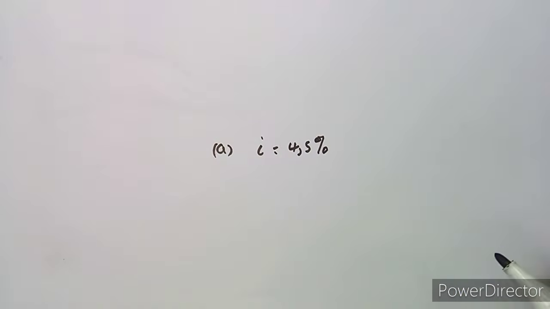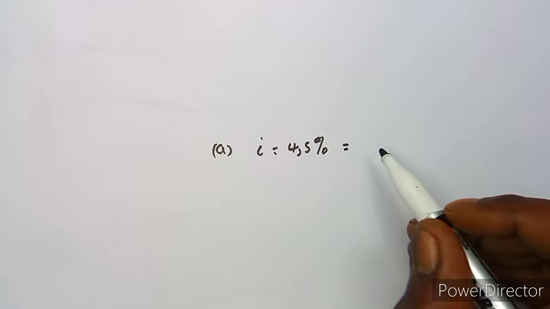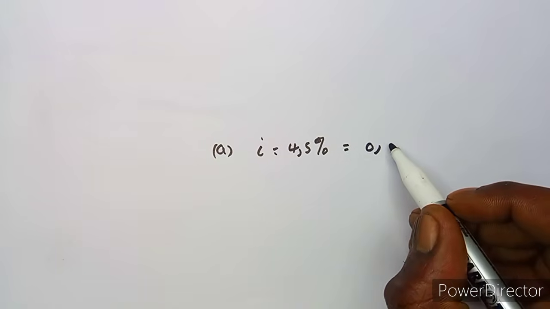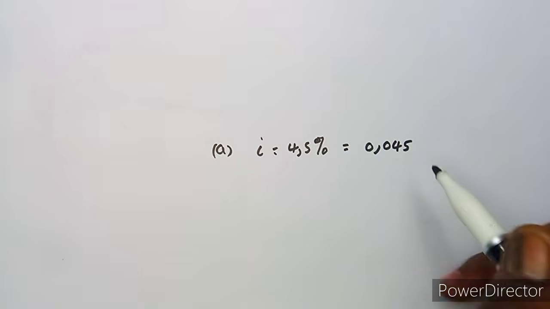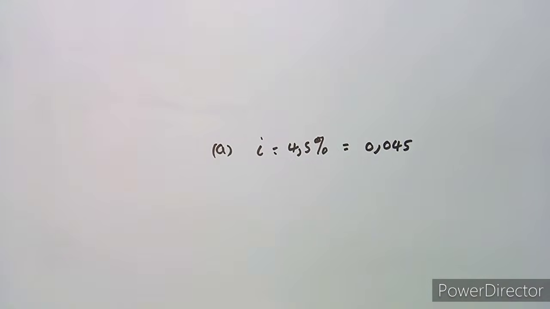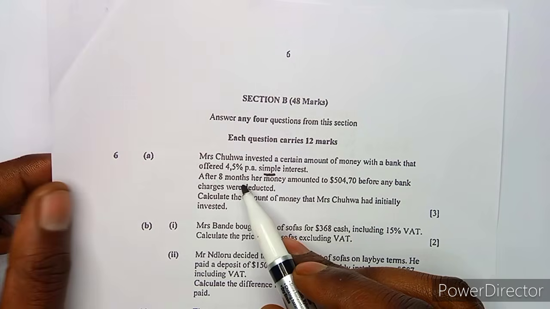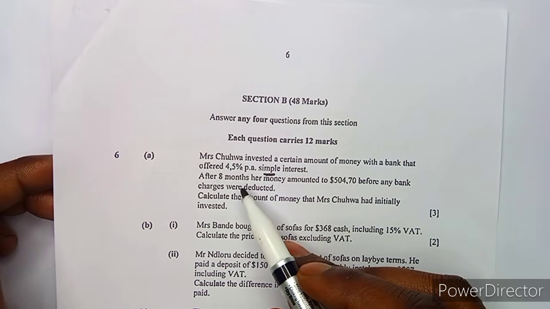Because you're going to work with this value as a decimal fraction from a percentage, we divide by 100, and that is going to give us 0.045. This is paper 2, guys, just use your calculator. You're going to obtain 0.045, and we are given that after 8 months, that is the time frame. Remember, our time is supposed to be in years.